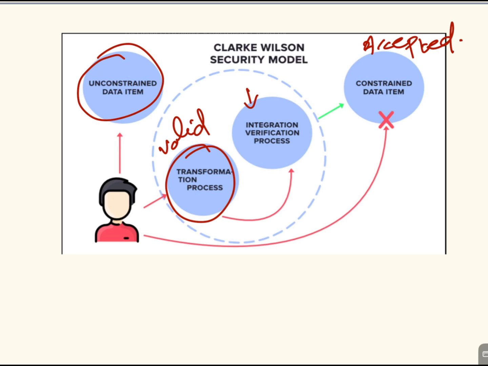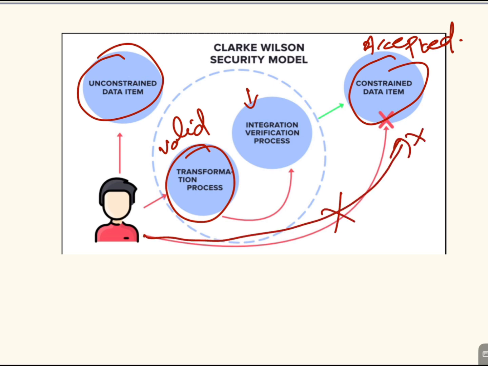So then lastly, in this example, you can see constrained data items. These are verified and trusted data items that cannot be modified directly by the user. The user cannot access them directly, and cannot make any change to constrained data. It should go through this process.